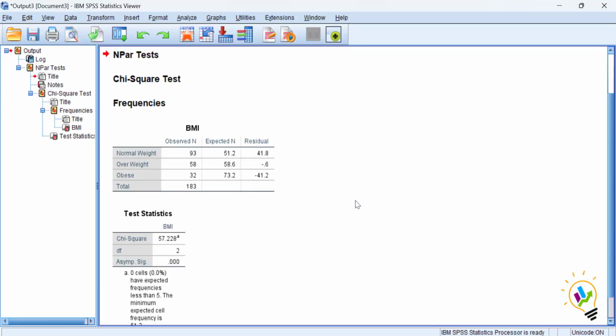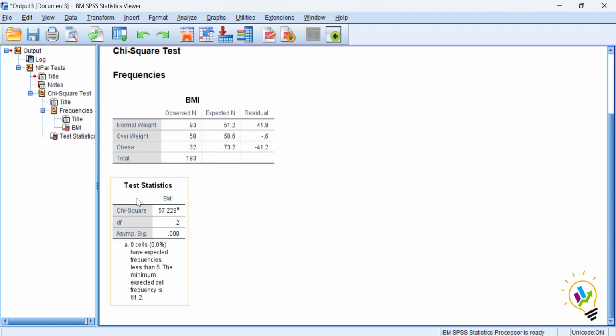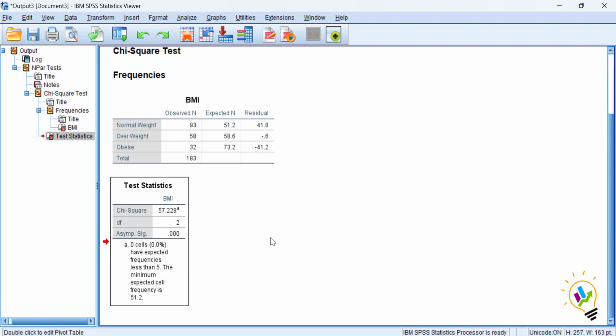Now this is the output window where you can see the frequencies. This is the BMI value, observed values and expected number. There is a difference between observed and expected. If you see the test statistics, you will see the asymptotic significance value 0.000. We already mentioned the null hypothesis.